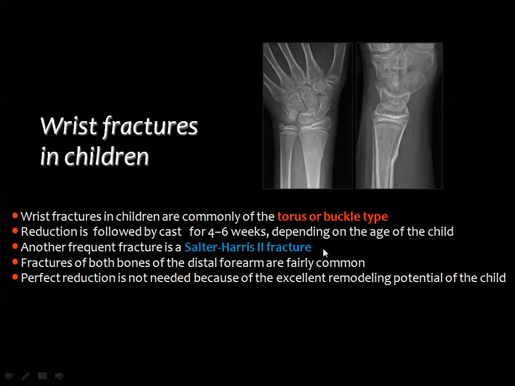And you remember that the Salter-Harris types of fractures are also seen in the immature skeleton, and they have a reference to the physeal plate, whether it is involved, or the fracture is above, or the fracture is below.